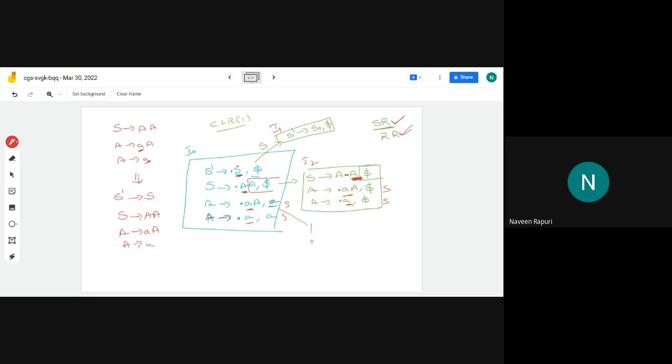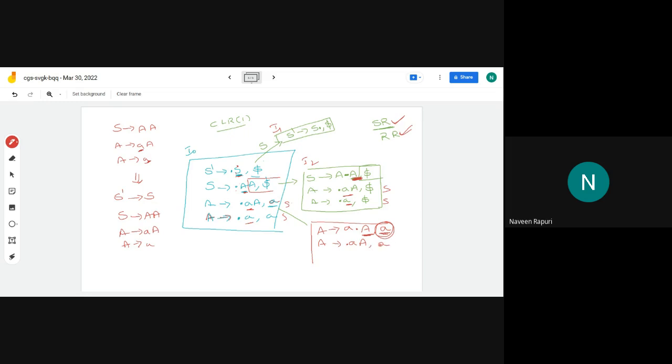Now if we see here, A derives small a dot capital A, comma A. After dot, we are having a non-terminal, so we need to add the A productions. A productions are A derives small a, capital A, comma. After A, we are having the terminal, so the look ahead symbol is small a.